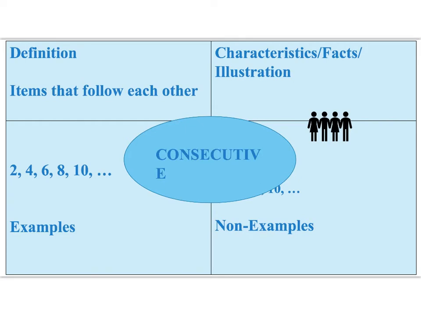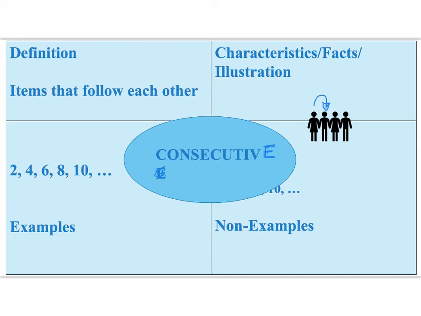So consecutive. The word consecutive comes up a lot in mathematics, and we often don't know what it means. So they're items that follow each other. So these are consecutive people, one right after another.